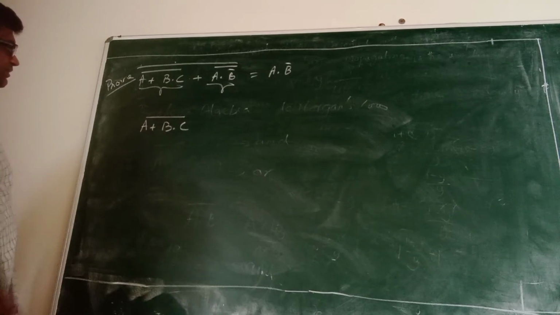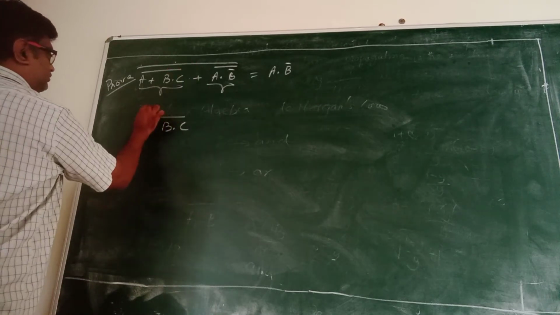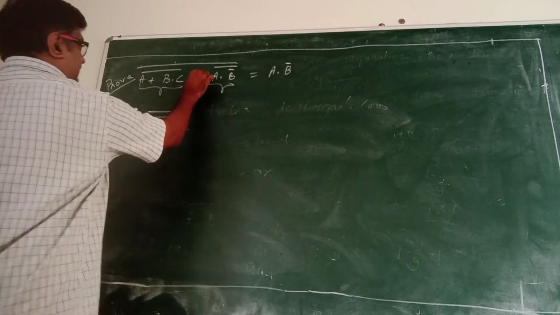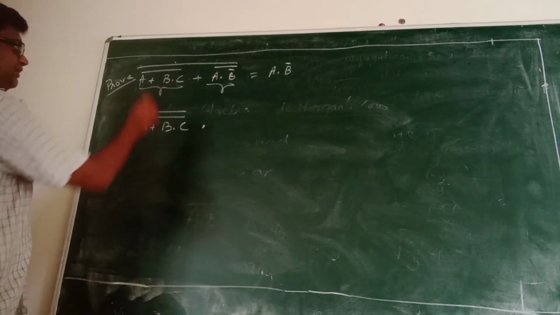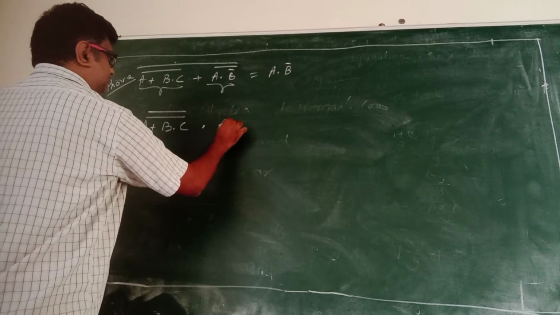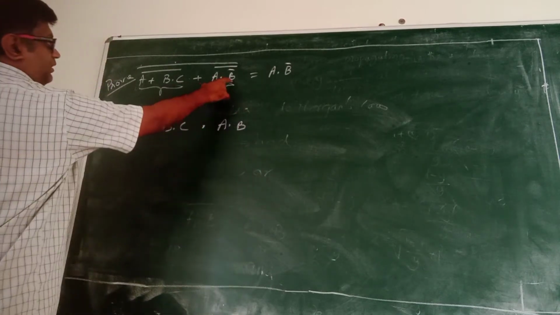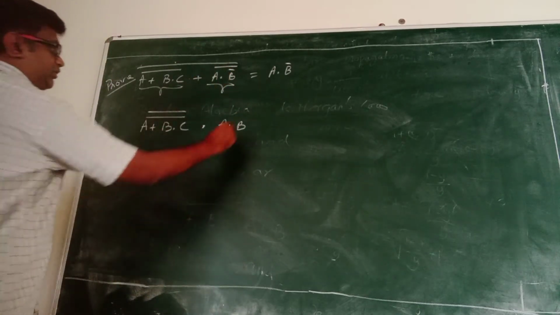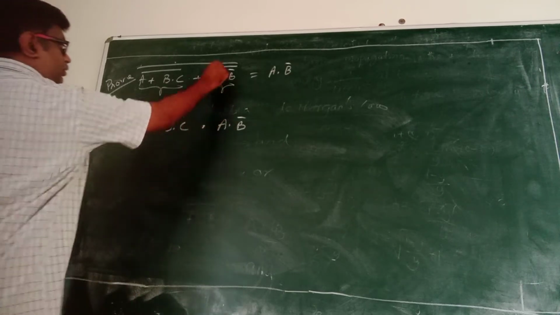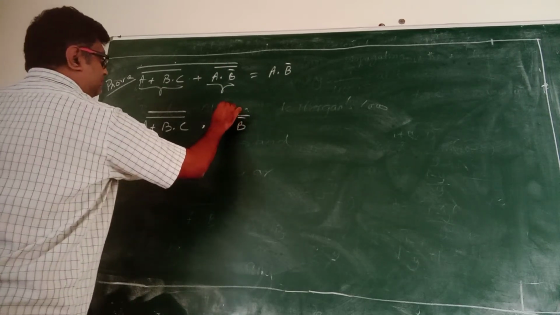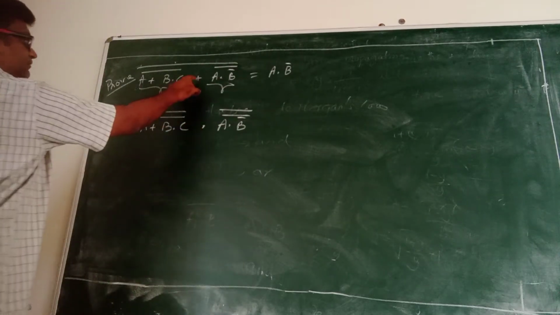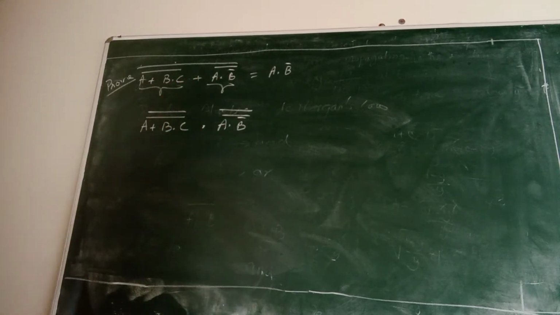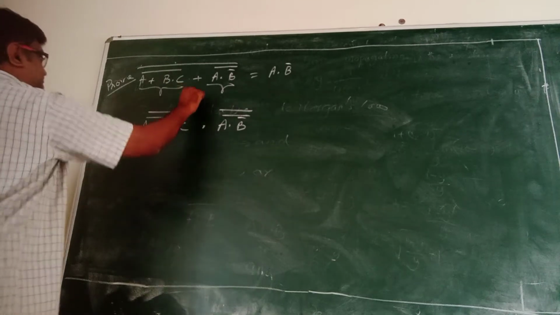Originally there is a bar. I am removing it, so I will put another bar. I will convert this into dot because I am removing the bar. Look here, on top of B there is a bar, so you need to write that. Whole bar is there, and then I am removing this bar by converting plus into dot. This is the next step.